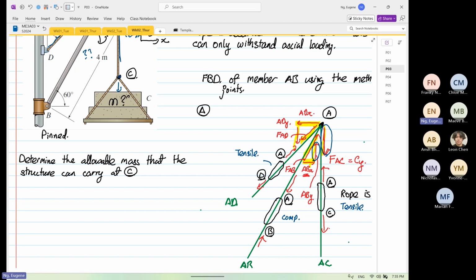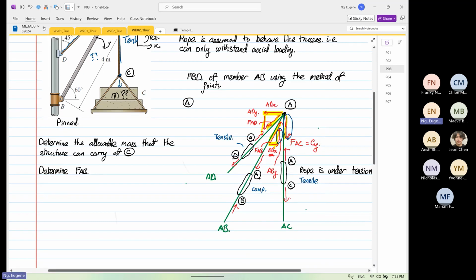The mass, we don't know what is the mass that we can carry. As before, we are going to determine FAB.